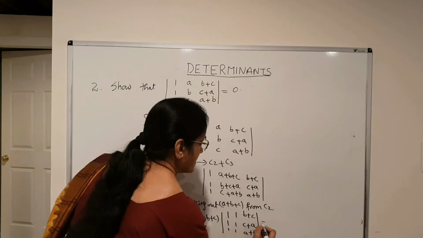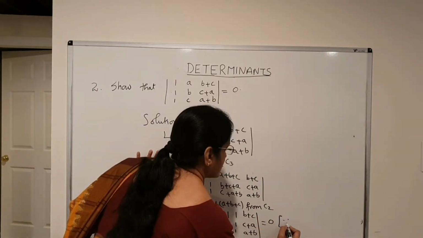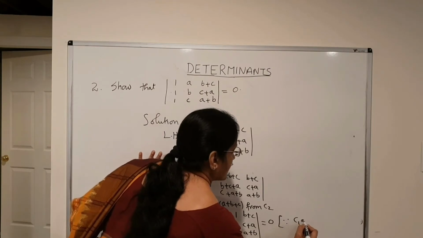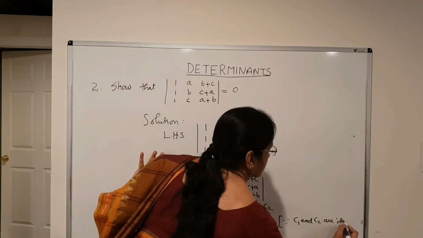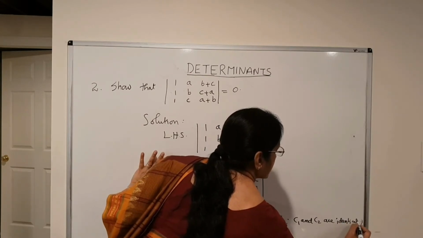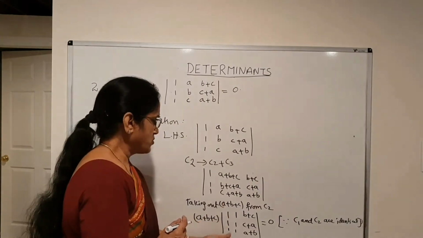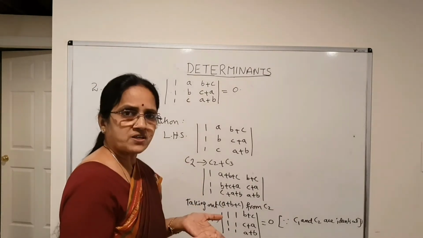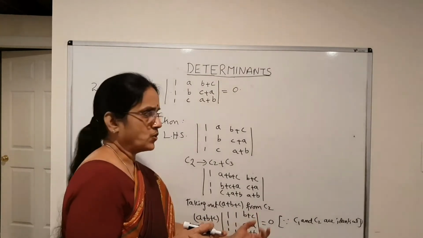This will be 0. What is the reason? Since C1 and C2 are identical. That's enough, because that is one of the properties of the determinants. If any 2 rows or columns are identical, then the value of the determinant will become 0.